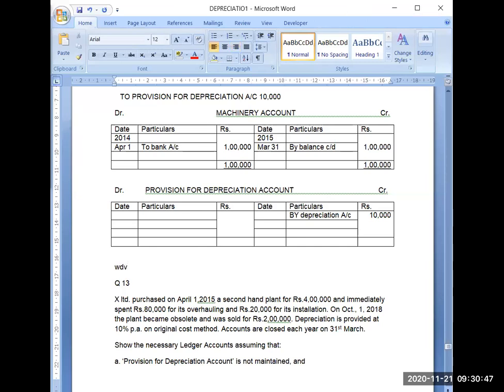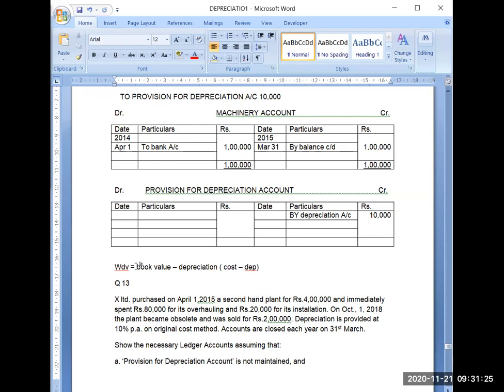Written down value is book value minus depreciation. For a new asset, it will be cost minus depreciation. When you deduct the amount of depreciation from the cost of any asset, then you get the written down value.